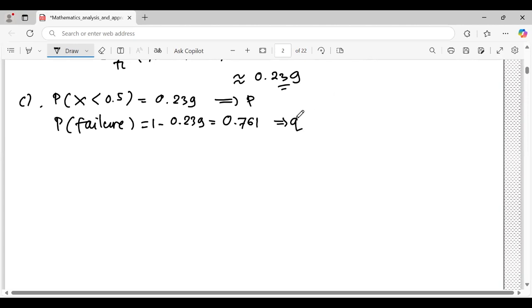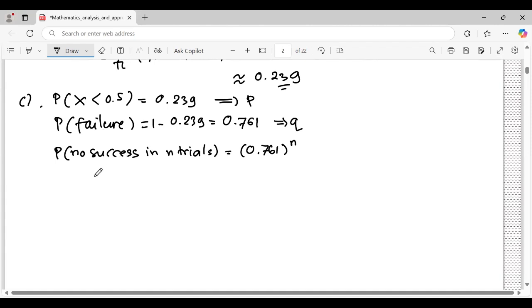Okay. And after that, I would like to write the probability of no success in n trials. It is 0.761 power n, because no success takes from the probability of failure.